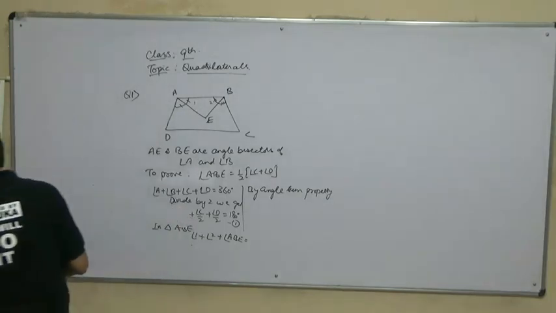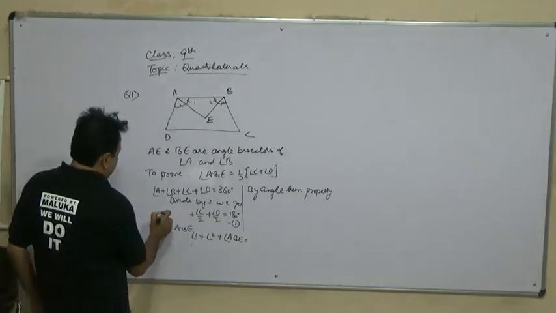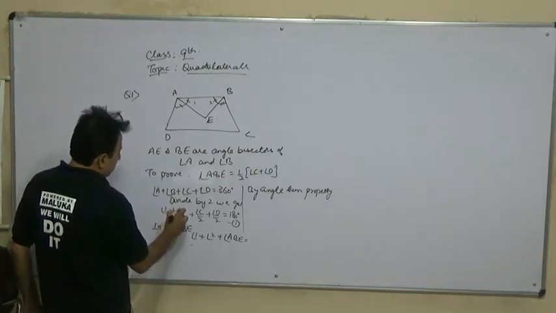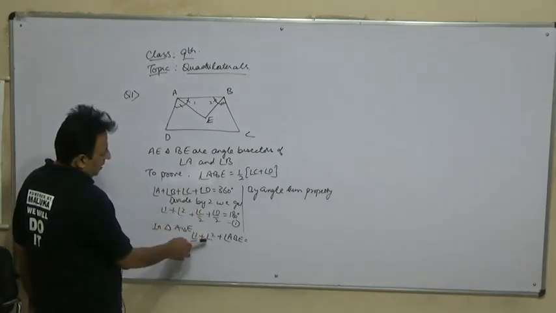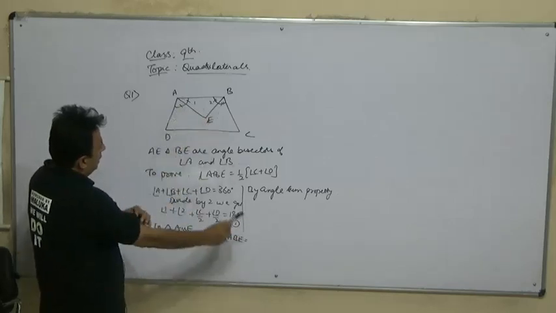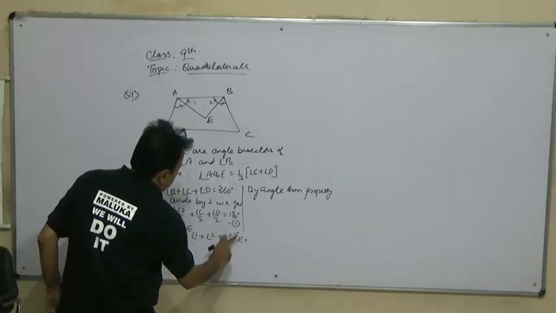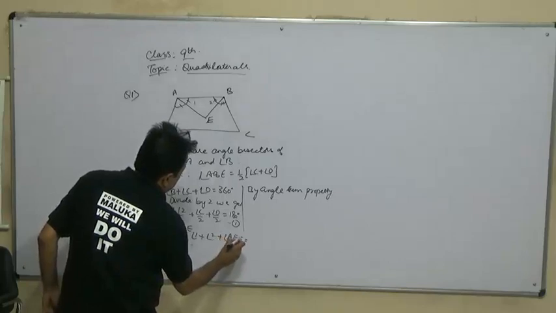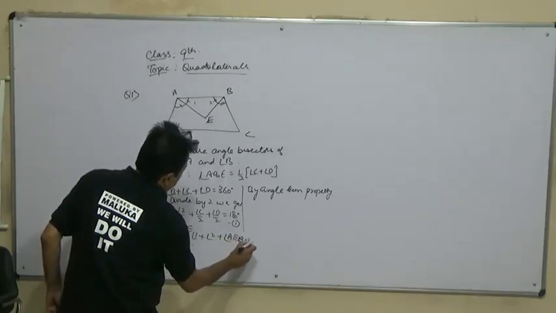Half of angle A is angle 1, half of angle B is angle 2. So angle 1 plus angle 2 plus angle AEB in this triangle is equal to 180 degrees.